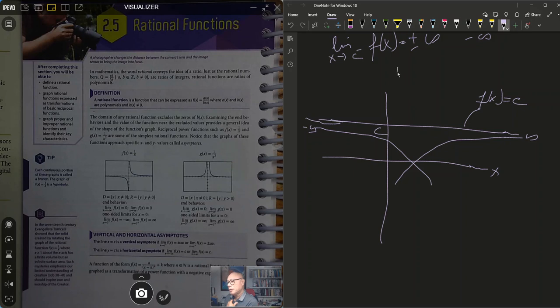Or the function could be like this, never touching c, or here.